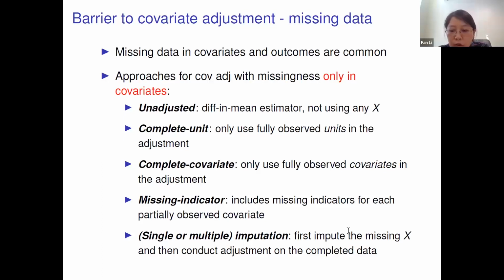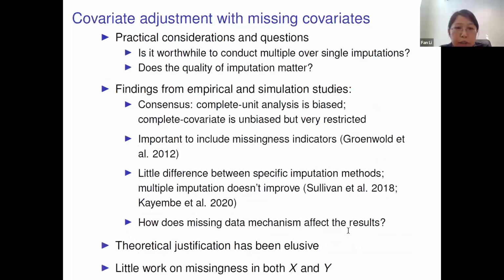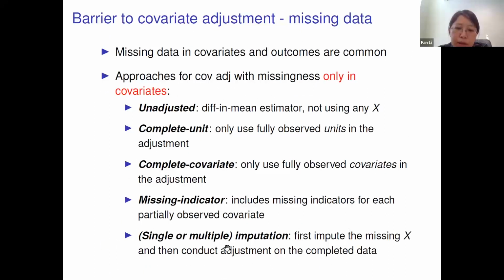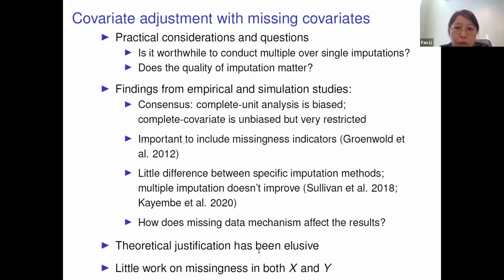So far, this is all just an introduction of the background. You can see there are plenty of methods here, right? For example, with imputation, is it really worthwhile to conduct multiple imputation over single imputation? Or does the quality of the imputation matter a lot?